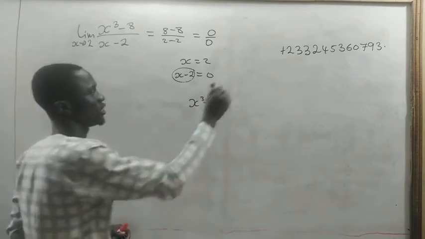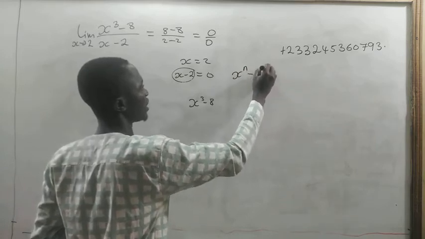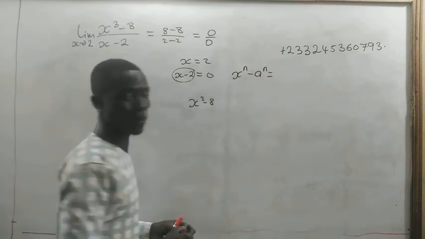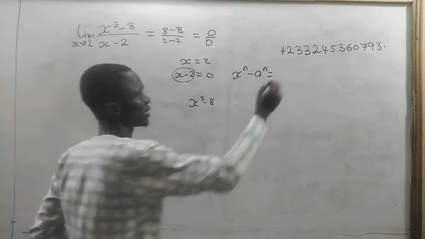Okay, so if you have x exponent n minus a exponent n, where n is odd, we are going to use this expansion.